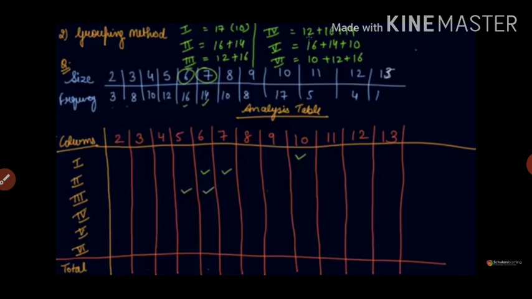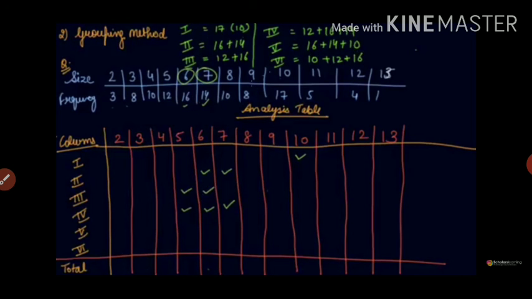In the fourth column, we have 12 plus 16 plus 14. For frequency 12, the size is 5. For 16 frequency, the size is 6, and for the 14 frequency, the size is 7. In the fifth column, we got the highest frequency by adding 16 plus 14 plus 10.